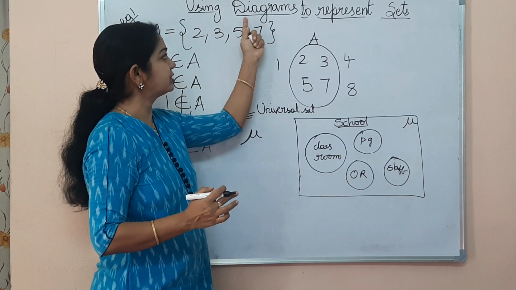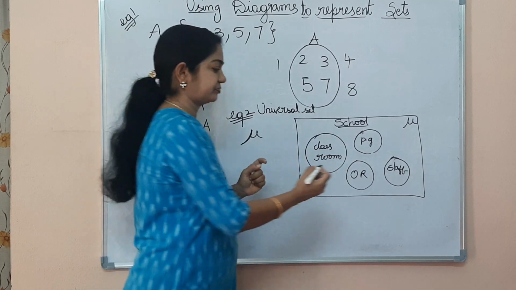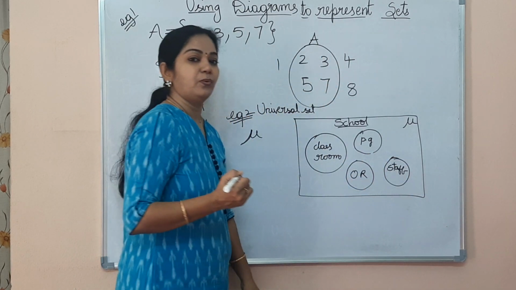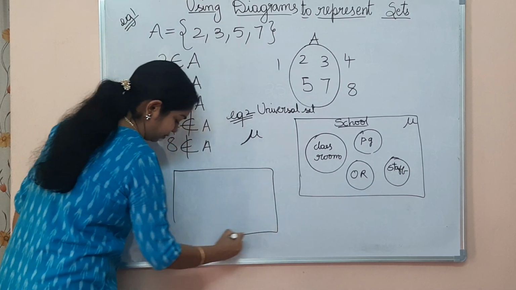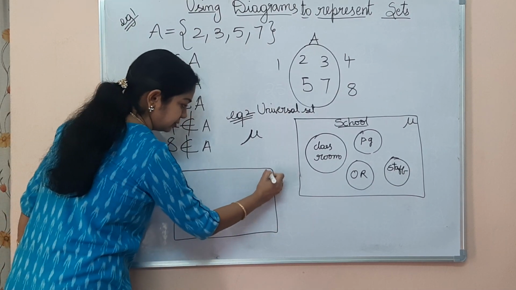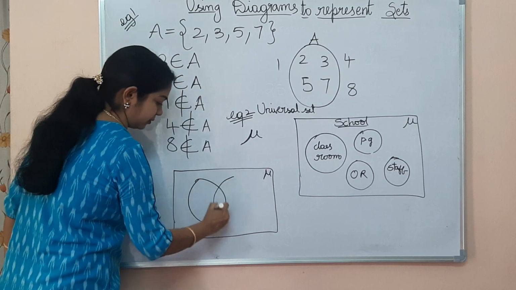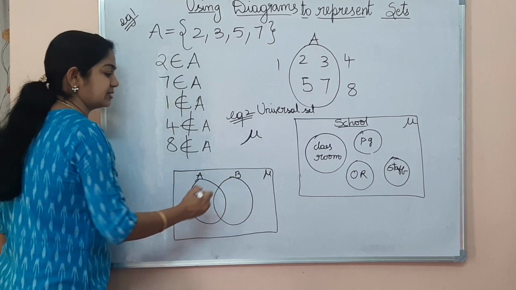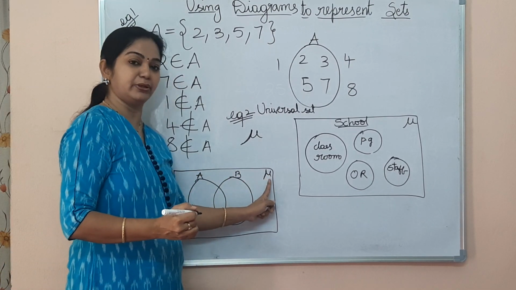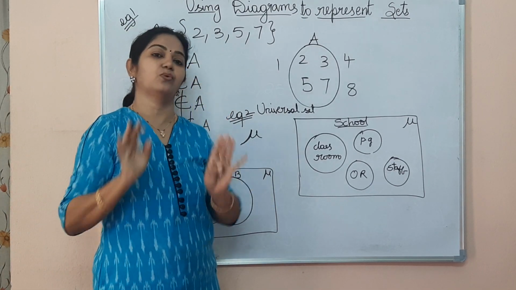Okay, this is the representation of the diagrams of sets that I am telling you. And for this also we represent the sets in the form of oval shapes inside the universal set, where they are overlapping. If I say A and B are two sets in the universal set U, then you represent them as overlapping.